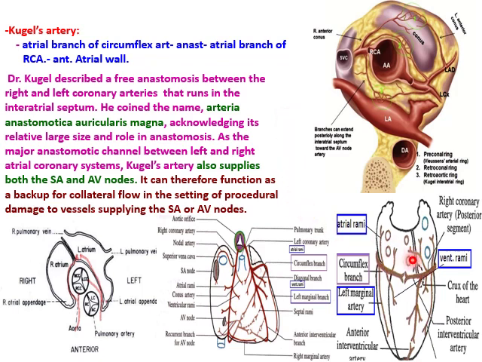This Kugel's artery also supplies the SA node and AV node through a few of its branches. So during pacemaker placement, if the nodal arteries are injured, which should not happen, but if by chance they get injured, collateral circulation can be established by these Kugel's arteries. They supply the SA node and AV node to a very, very minimal extent.